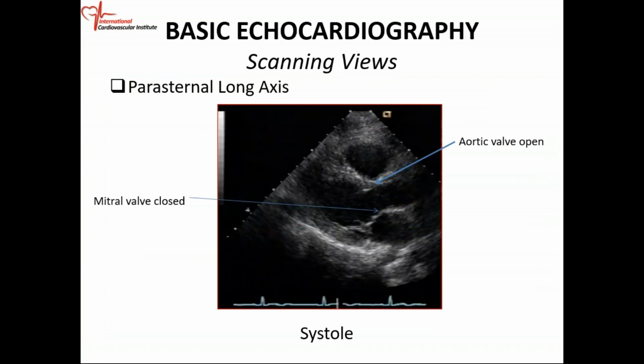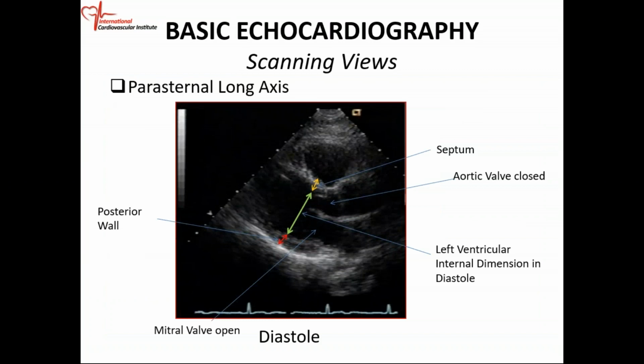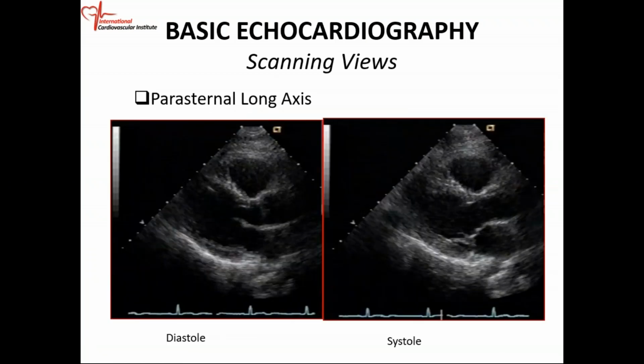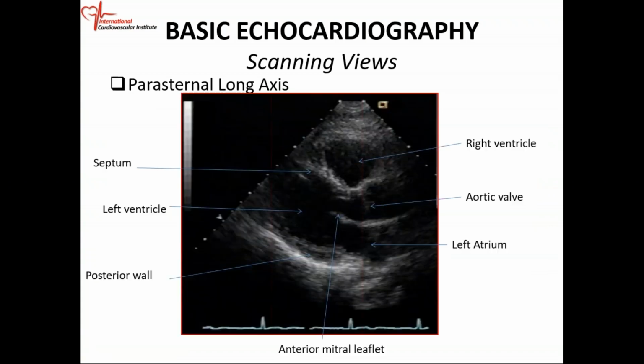In the parasternal long axis view, your descending aorta is usually somewhere around right here. Around there. You actually saw it a little bit better in the short axis view. So descending aorta is usually right there.